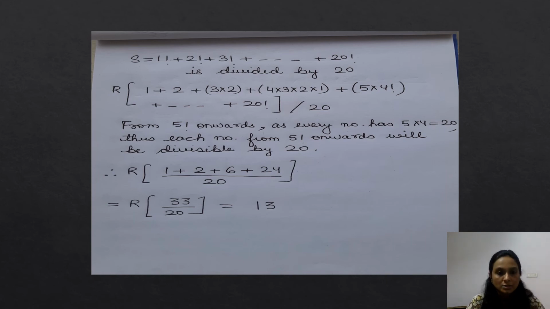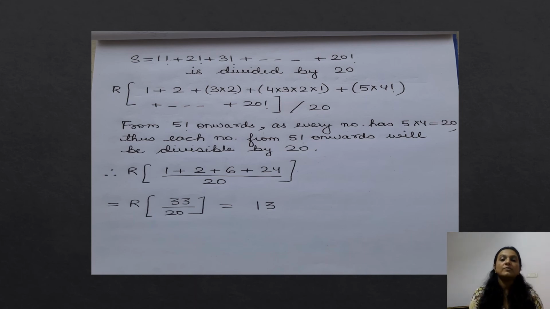Coming back to the question, your expression is 1 factorial plus 2 factorial until 20 factorial and we have to divide it by 20. So you can see 1 factorial would be 1, 2 factorial would be 2, 3 factorial will be 3 into 2, 6, 4 factorial will be 4 into 3 into 2 into 1 and then from 5 factorial onwards you will have 5 factorial is 5 into 4 into 3 into 2 into 1.